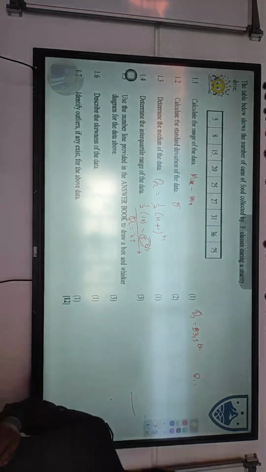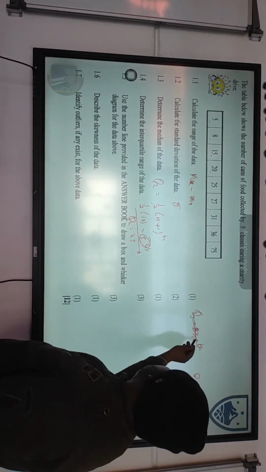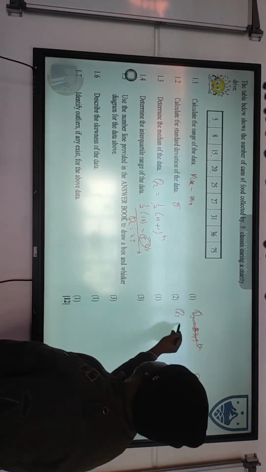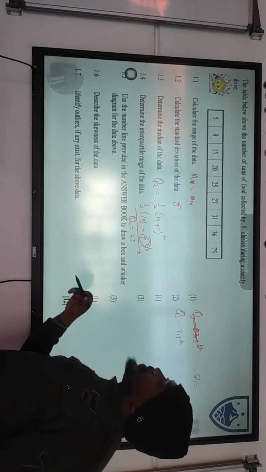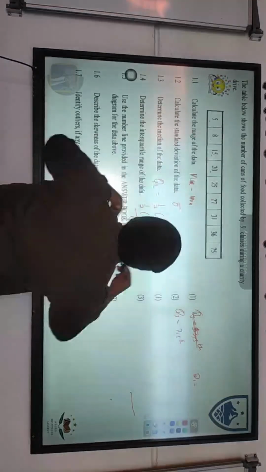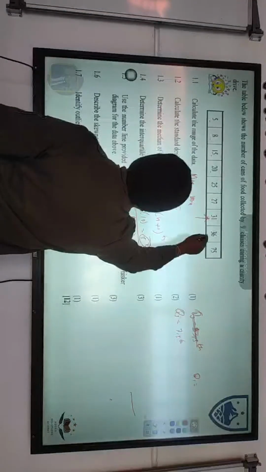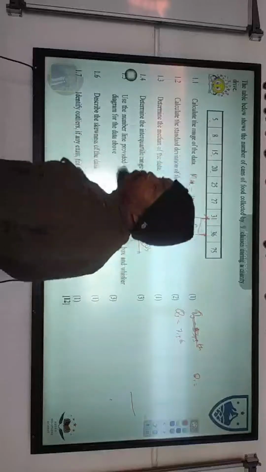Is it the position or is it the value? All right, give me the position first. Seven, 1, 2, 3, 4 is this value, 8. So you take these two values, you add them together, and you divide them by 2.